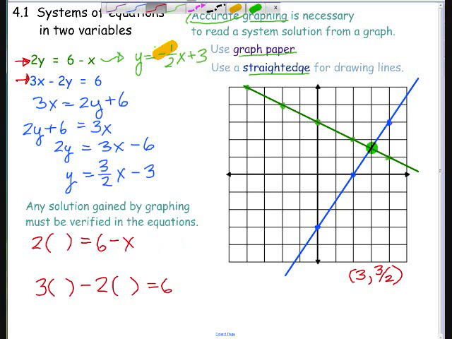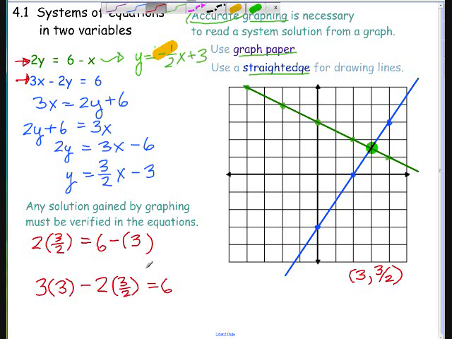Oh, wait a second here. I don't want x. I want the value of x, which is 3. And my x in this equation is right here. Now also pop in my value for y, my y coordinate, 3 over 2.